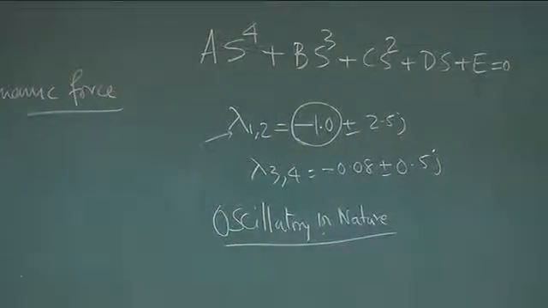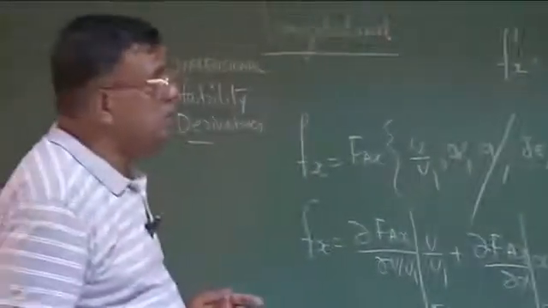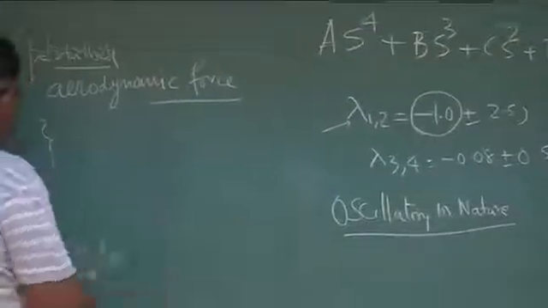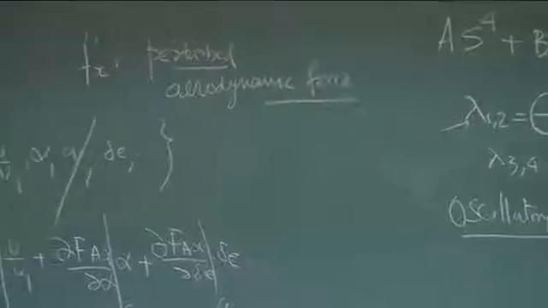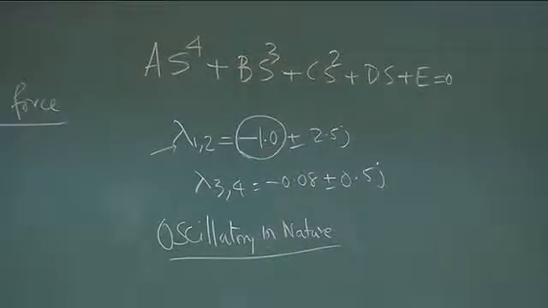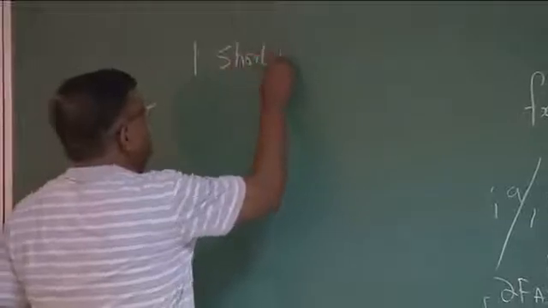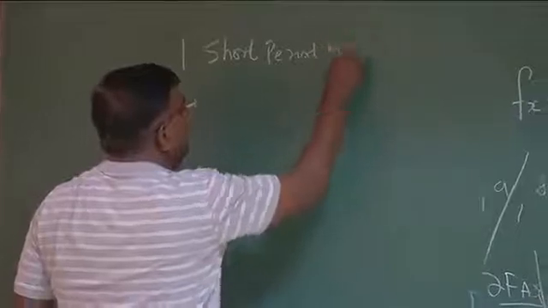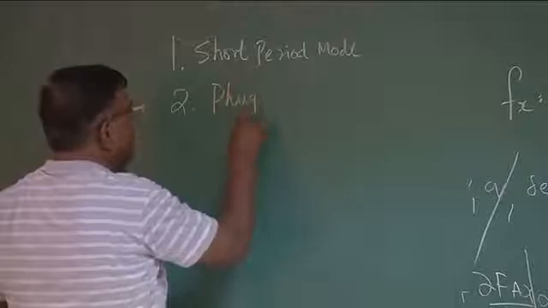If that is true, then if I try to understand and give physics to the actual airplane, we have seen that typically airplane, when they are disturbed longitudinally, then two distinct types of modes are generated. One is called short period mode, another is called phugoid mode.